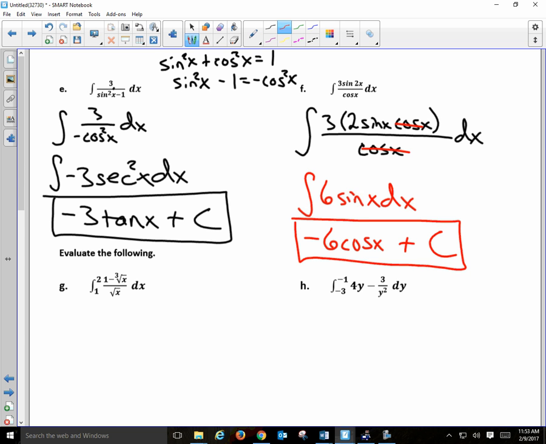Must have a constant. Integral. So no, because we are undoing that right now. We're taking the antiderivative, so it's gone.